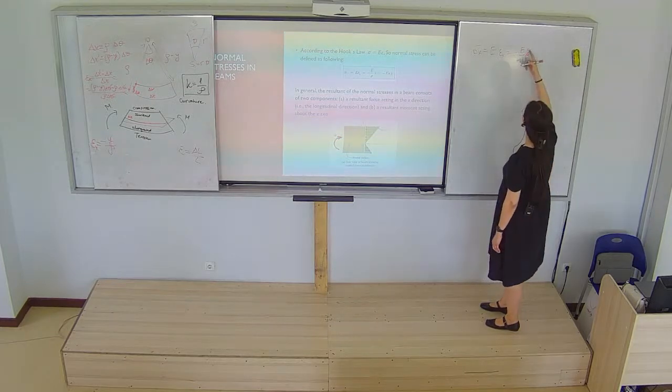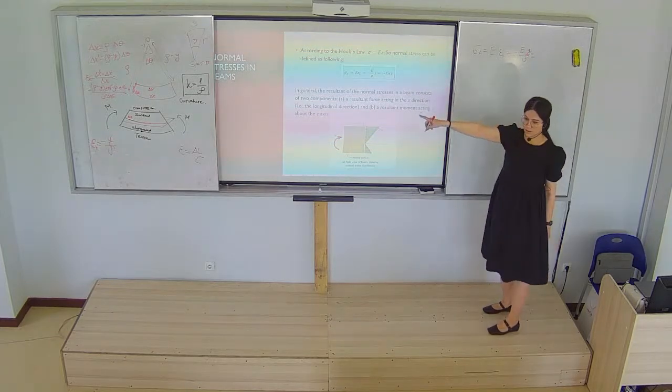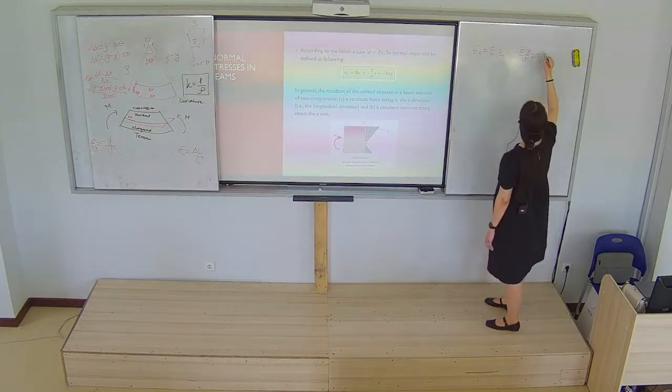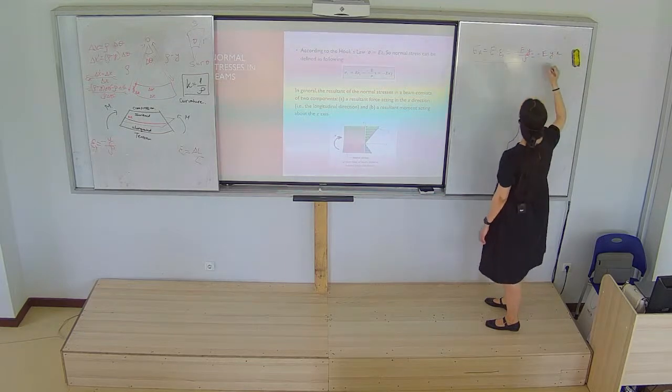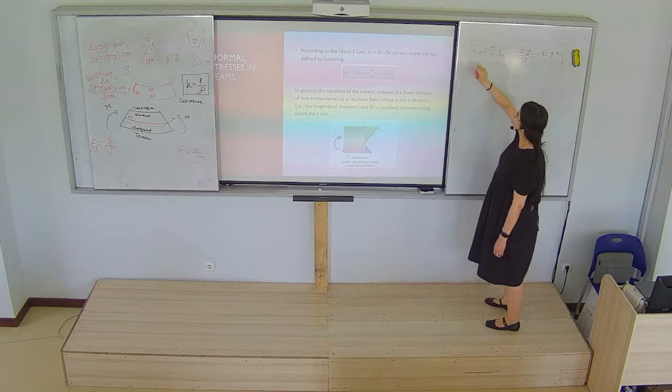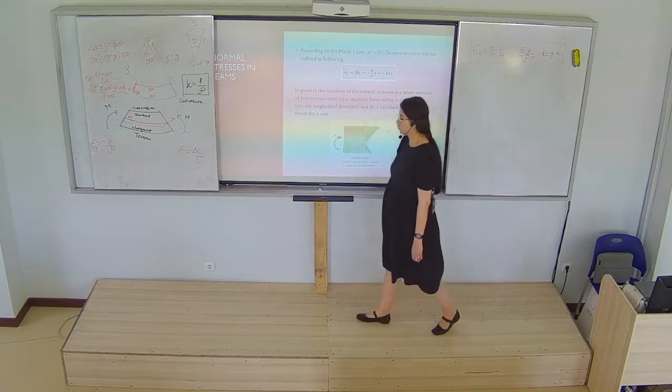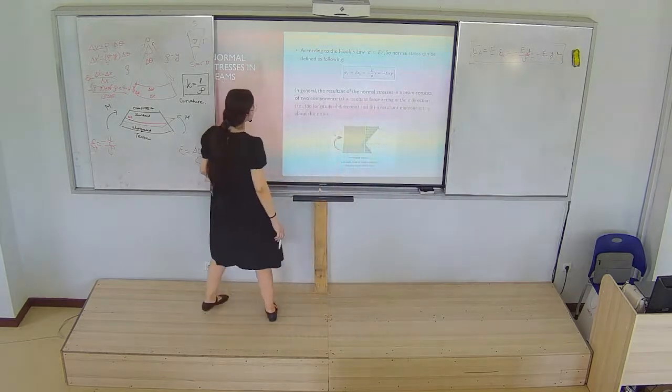From here, 1 over rho, can I write it as k? It means that it will be minus E multiplied by y multiplied by k. This is the formula of normal stress in beams in the case of bending.